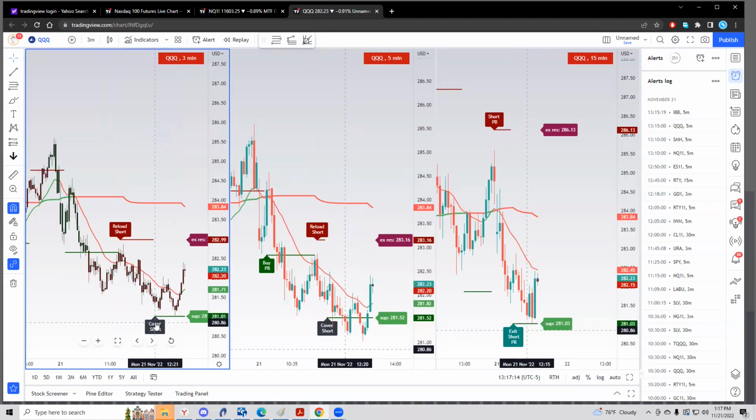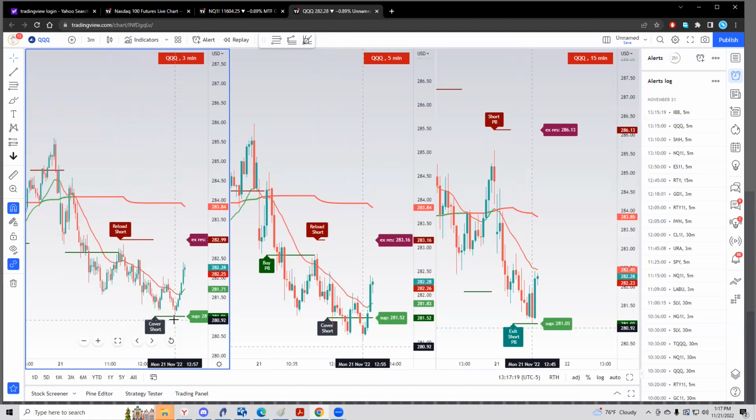So it started to print that green line at 12:20, and price tested it at 12:57, 30 minutes later. So you had enough time to get prepared for that trade.